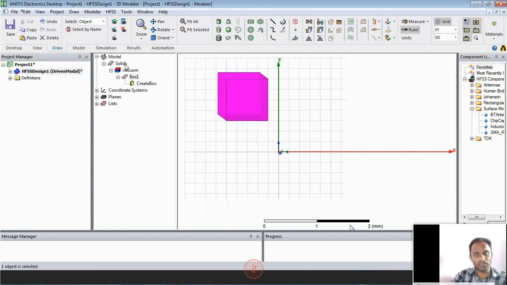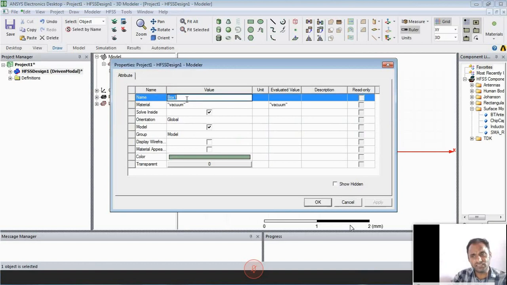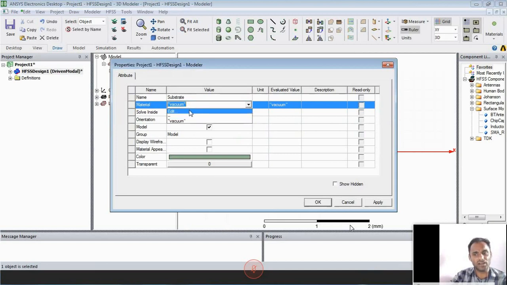In the property window, solids are generated. That solid has a vacuum box, Box1. You double click on Box1, then convert that box into a substrate, and then convert the material from vacuum into FR4.